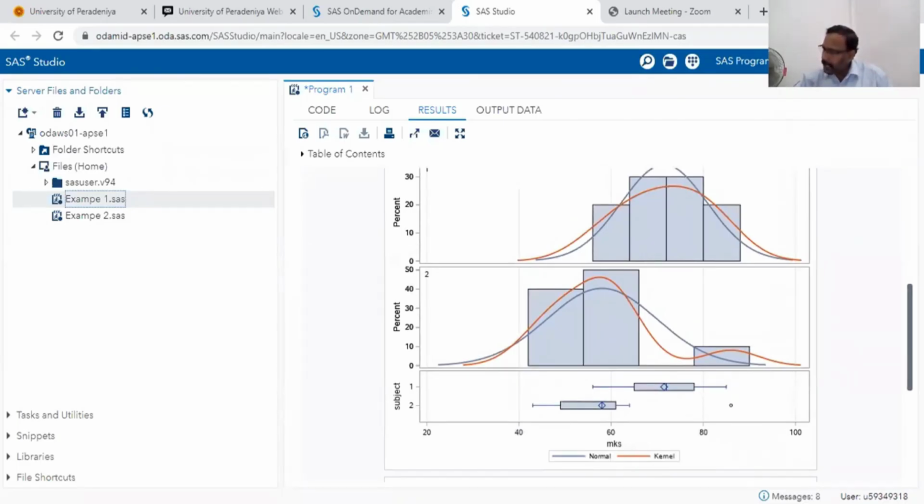So it is indicating the mean value. You see, this is a mean value in both cases. One mean value is some 58 or something, right? This is 71.5 or something, mean value.